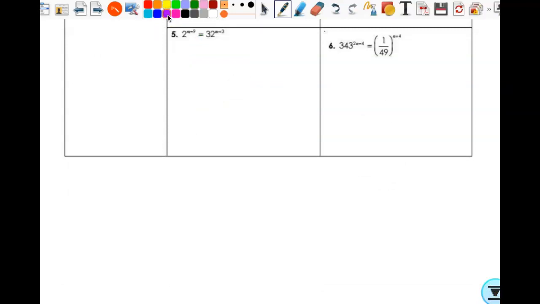All right, so I have 2 here, which means my common base most likely is going to be 2, and I can do 32 as 2 to some power. So this is 2 to the m minus 9 power equals 2. Okay, so 32 is 2 to what power? 5. So it's the 5th, but I have to multiply it by that m plus 3, and since that is 2 terms, I have to have parentheses there.